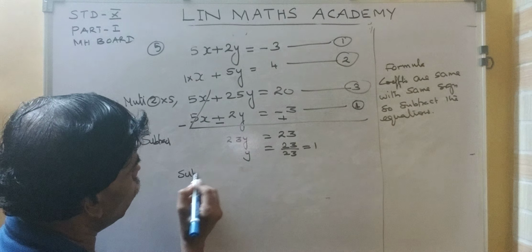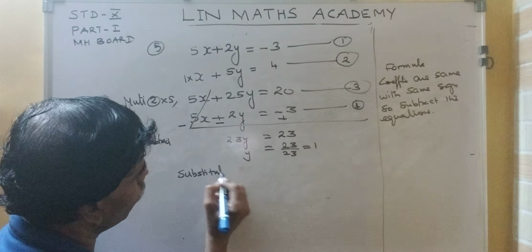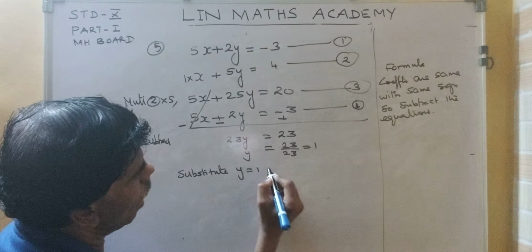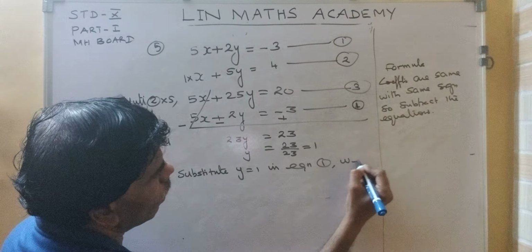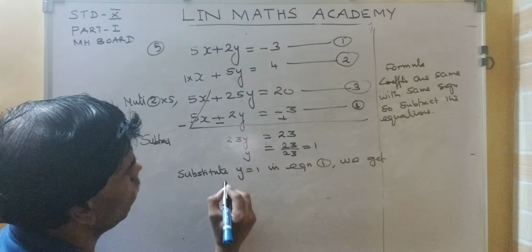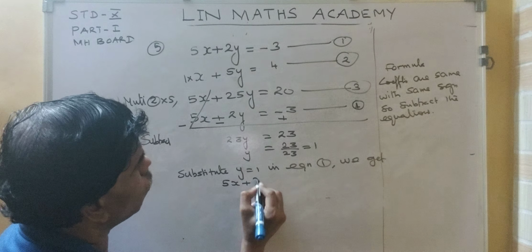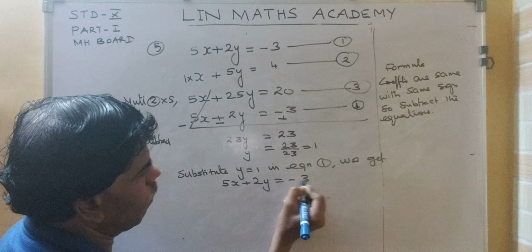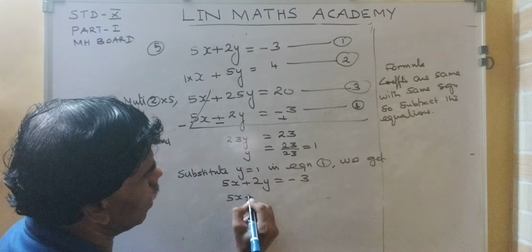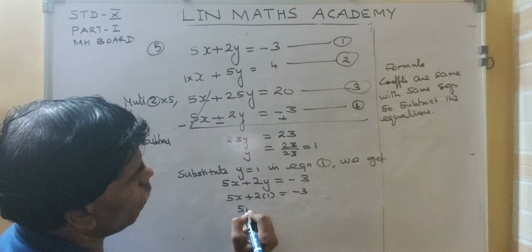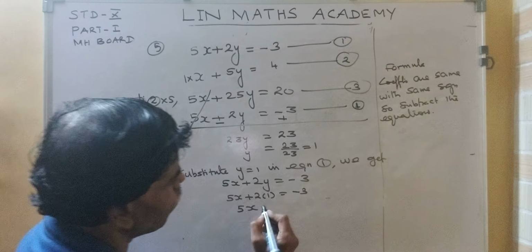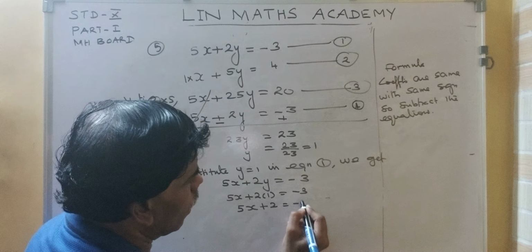So, substitute y equal to 1 in equation 1, we get 5x plus 2y equal to minus 3. So, 5x plus 2 into 1 equal to minus 3. So, 5x plus 2 equal to minus 3.